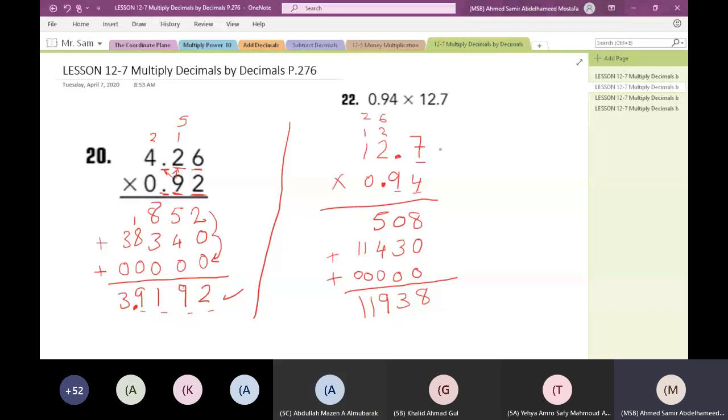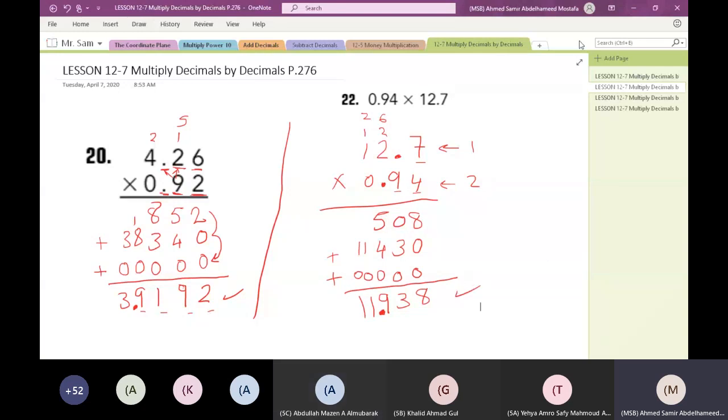In the first number we have 1, and in the second number we have 2. So we add them together. 1 plus 2 is 3. So it's after 3. So it would be 11.938, thousandths, or out of thousand, right? Yes. Thank you very much, Abdullah.